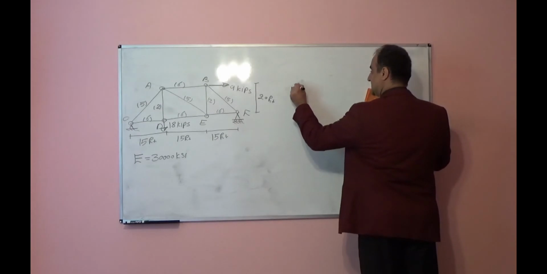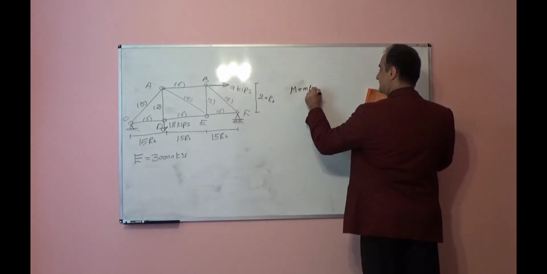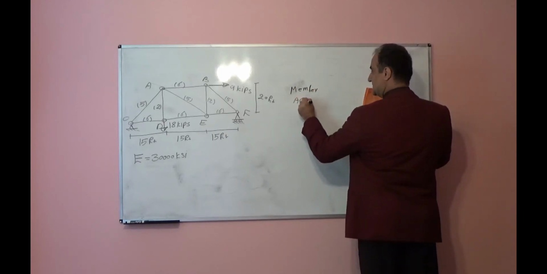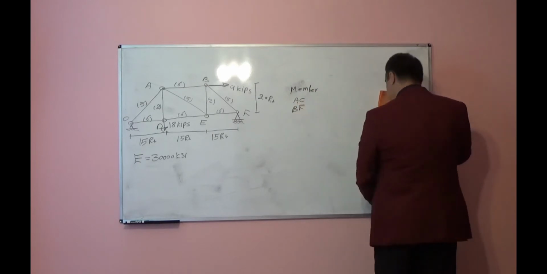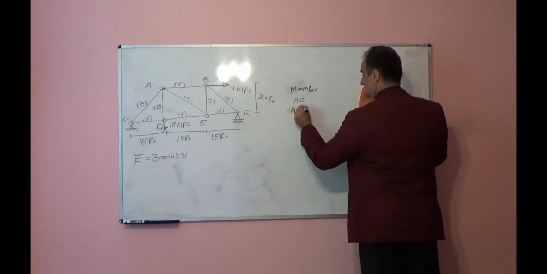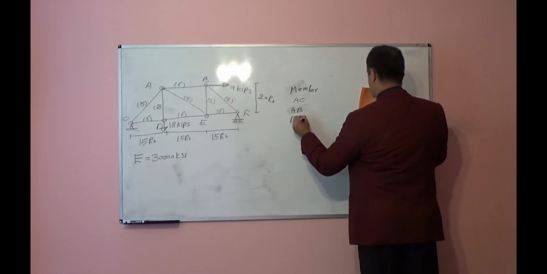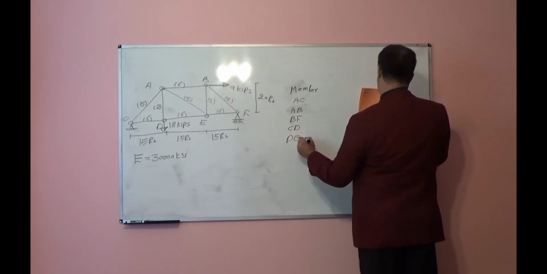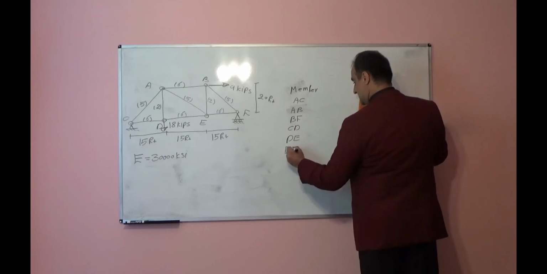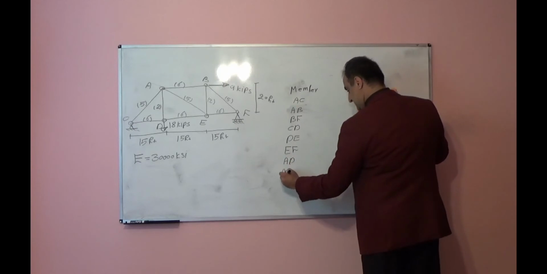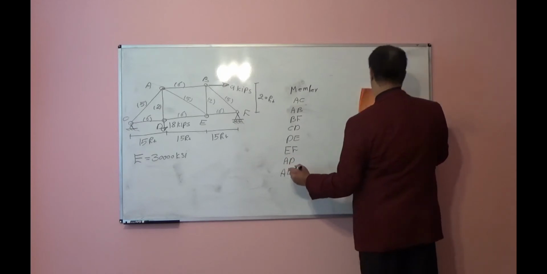So I will list the members here. Member list: AC, BF, AB, CD, DE, EF, AD, AE, and BE.